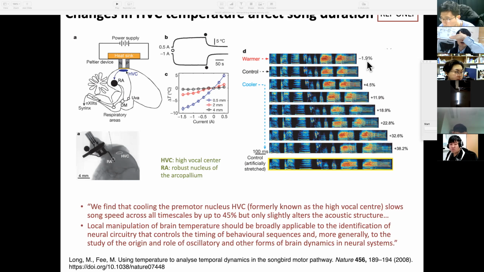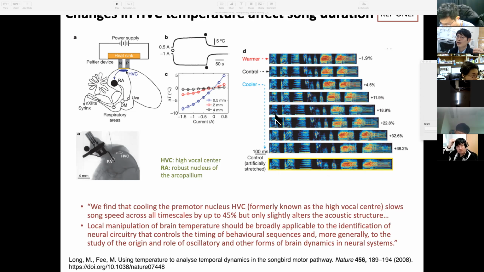The x-axis is time, the y-axis is sound spectrum. Okay, so the control is there. You warm the place, you see it shortens, which means the activity gets faster. And you cool down, cool down, cool down, and you realize something is elongated. And you're curious to compare to control. So you elongate the control and you realize it's almost the same structure.